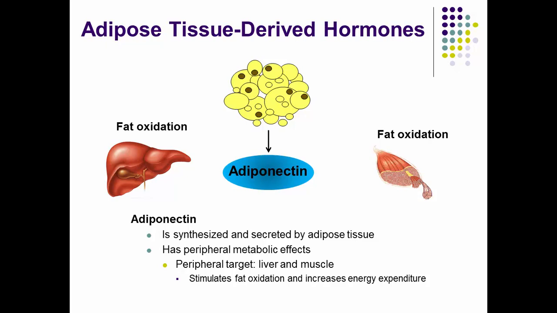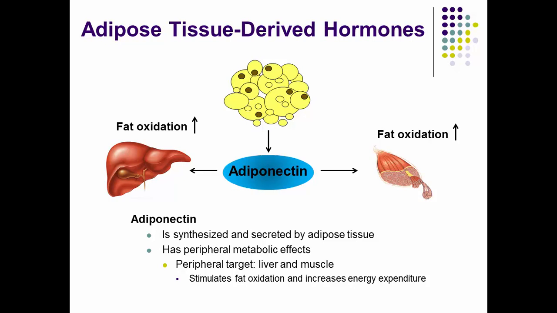They don't have a central effect, meaning no effect on the brain, but the two main targets of adiponectin are liver and skeletal muscle. They act on the liver and the skeletal muscle and increase fat oxidation, right? So adiponectin is also considered a good hormone. It can stimulate fat oxidation, can help burn fat and maintain body weight.